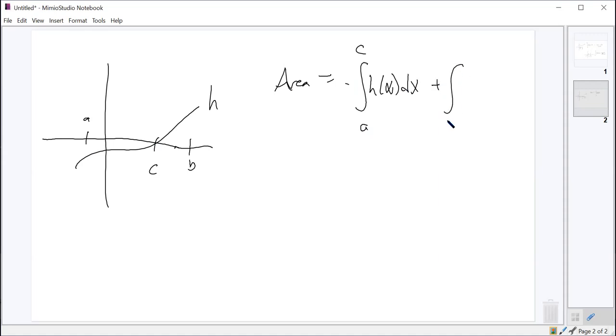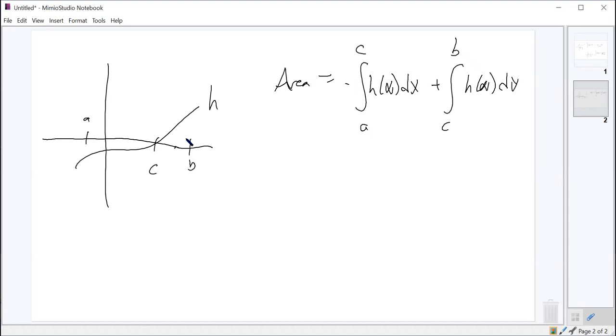Then we add to that the integral from c to b of h of x, and that one's positive because it's above. So just remember that you've got to find those places where the function crosses through the x-axis if you're specifically talking about area. Everybody good with that? Makes sense. Wonderful.